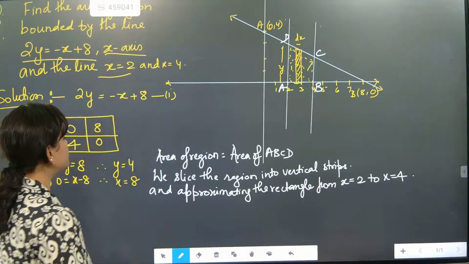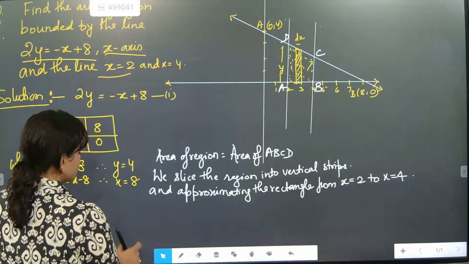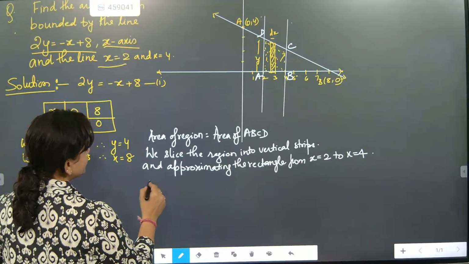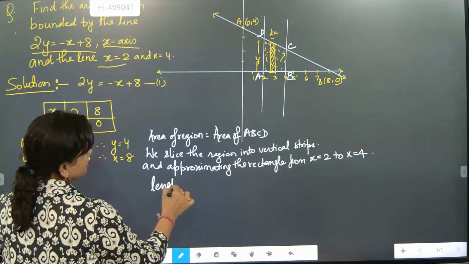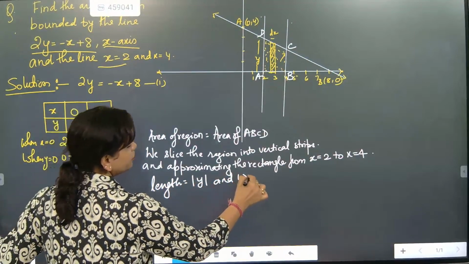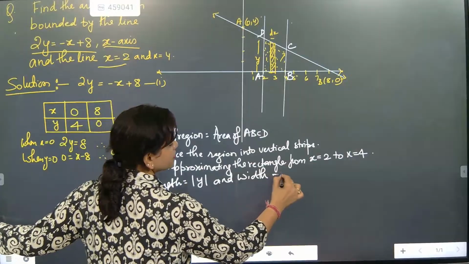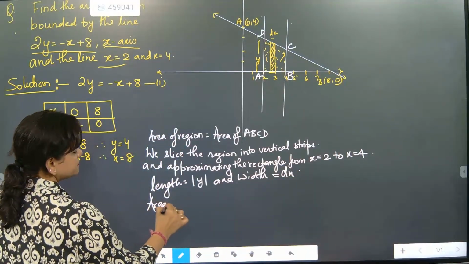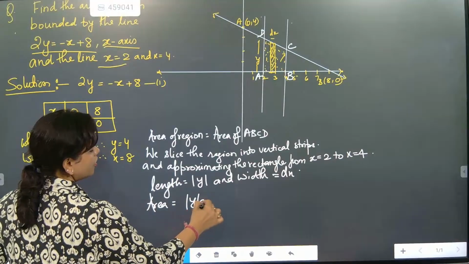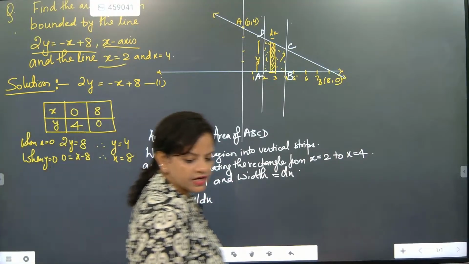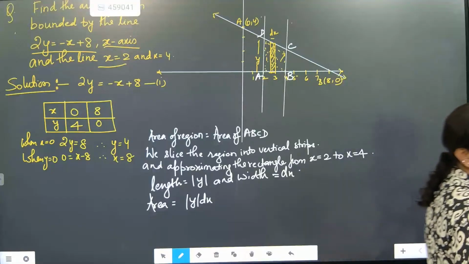Understood. So what is the length? Length will become modulus of y and width will become dx. So area will become modulus of y dx. Please remember this. This is exactly the way to proceed and solve the question.